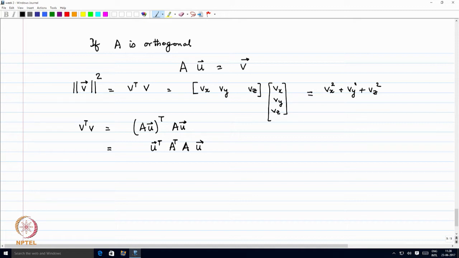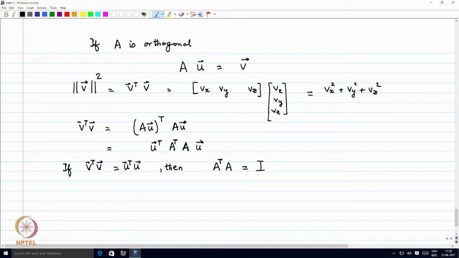Okay. So if V transpose V is equal to U transpose U, that is, the norm of V is equal to the norm of U, then we must have A transpose A equal to the identity matrix.